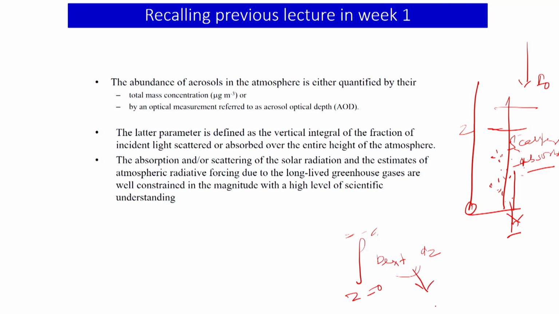This b extinction you can measure, and b extinction is nothing but the sum of the scattering coefficient plus the absorption coefficient. We will discuss this in later slides, and this is called AOD, or aerosol optical depth.